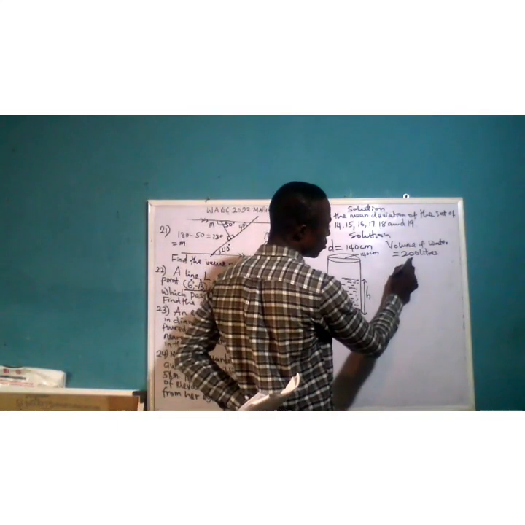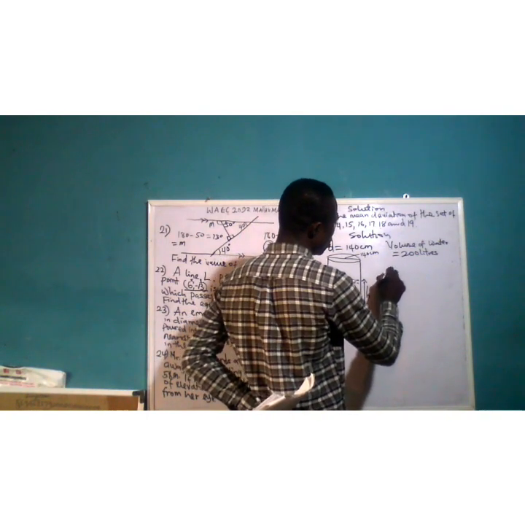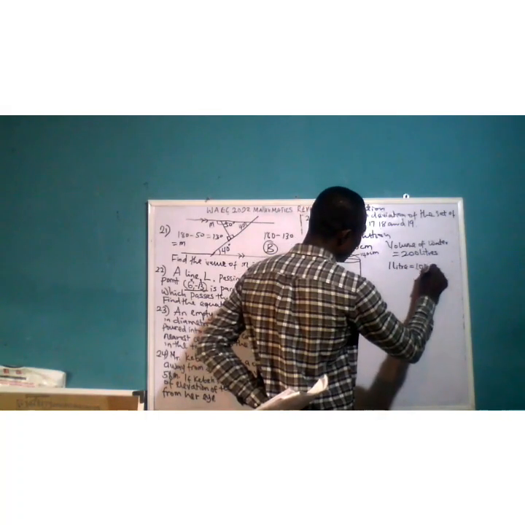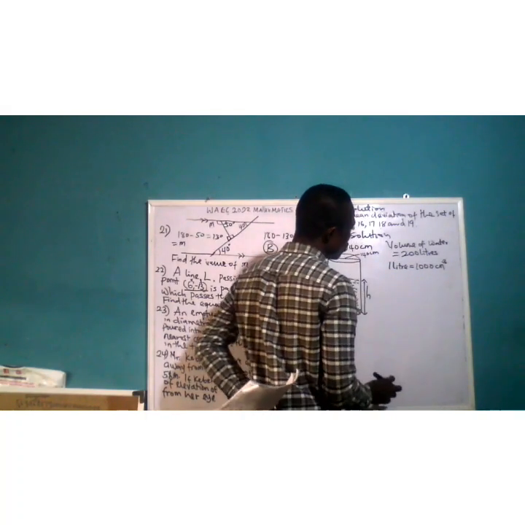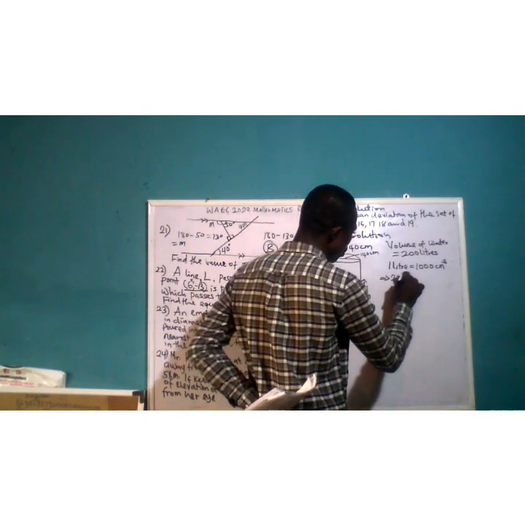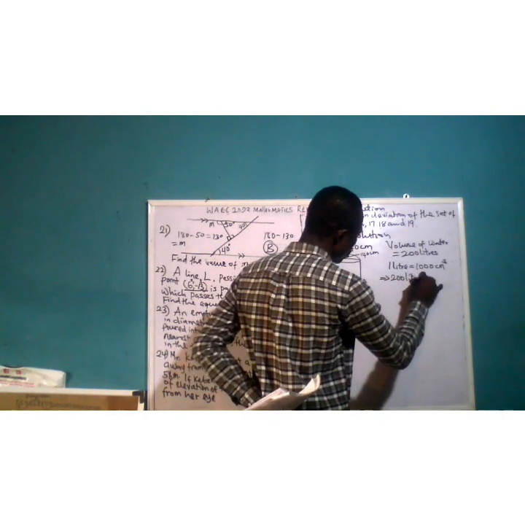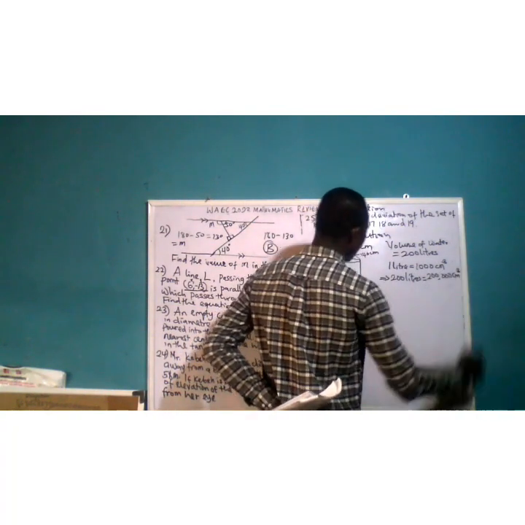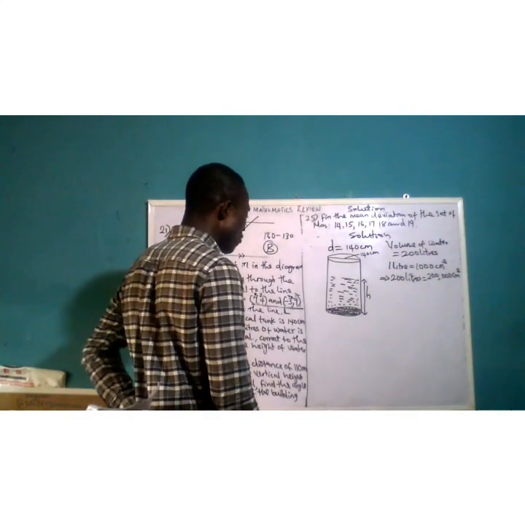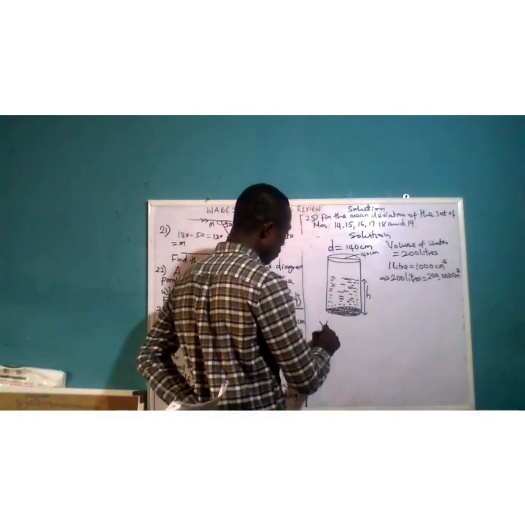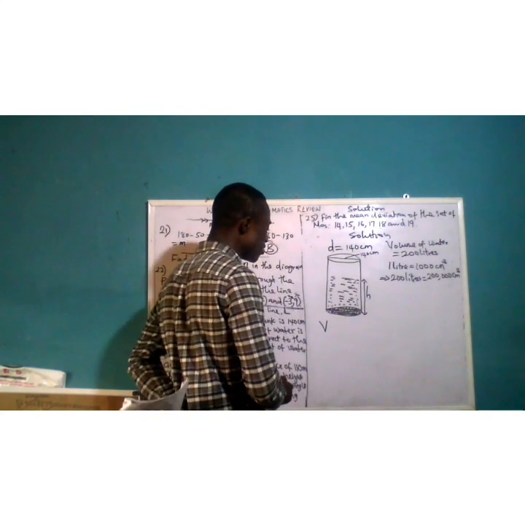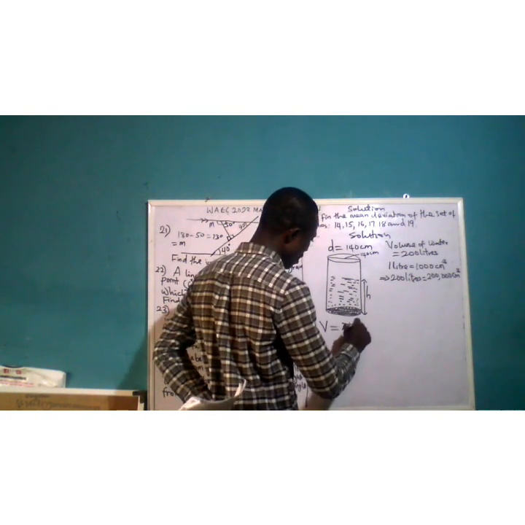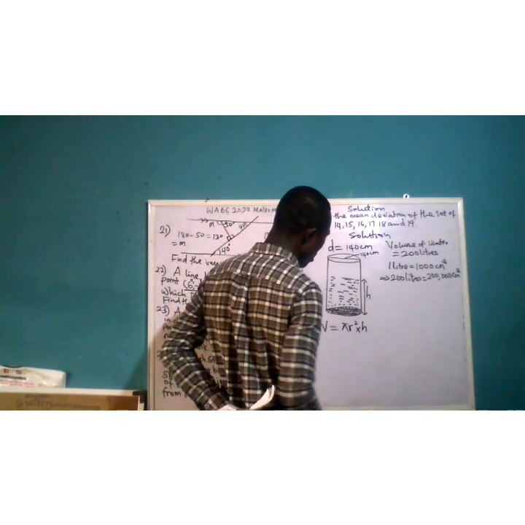That means that we have to convert this from liter to centimeter cube. Every 1 liter is equal to 1,000 centimeter cube. So that implies that 200 liters will be equal to 200,000 centimeter cube. The formula for finding the volume of a cylindrical shape is given as V equals pi r squared multiplied by h.